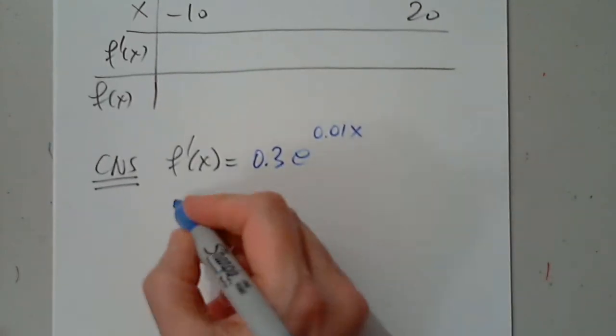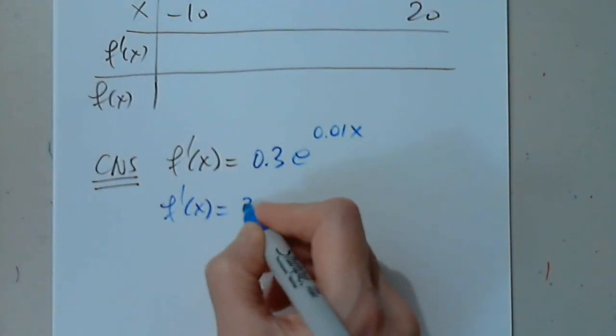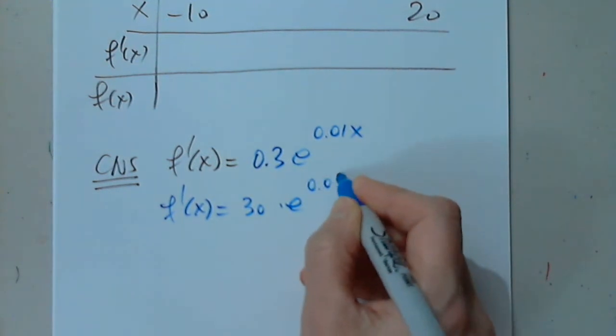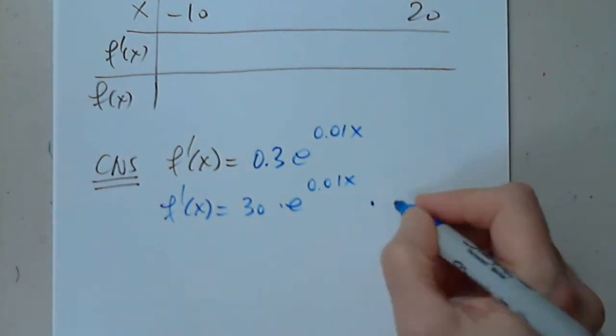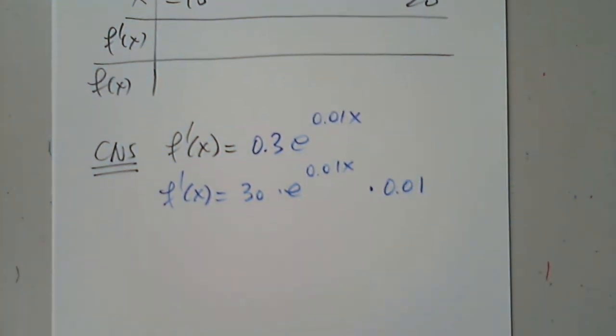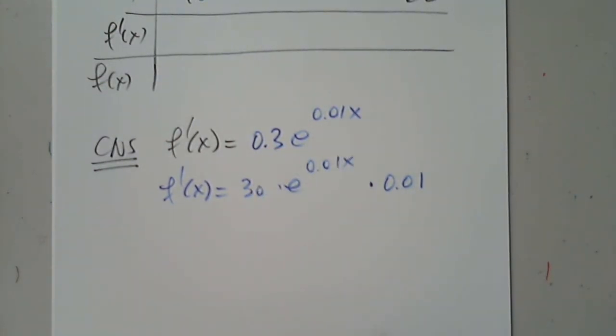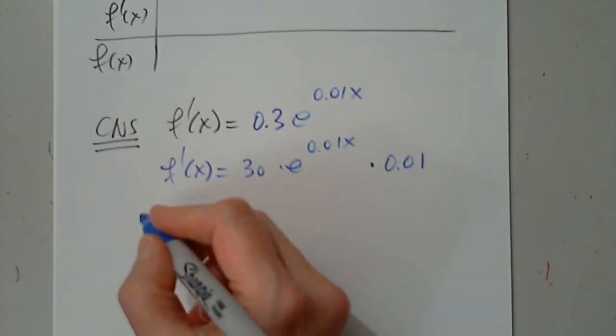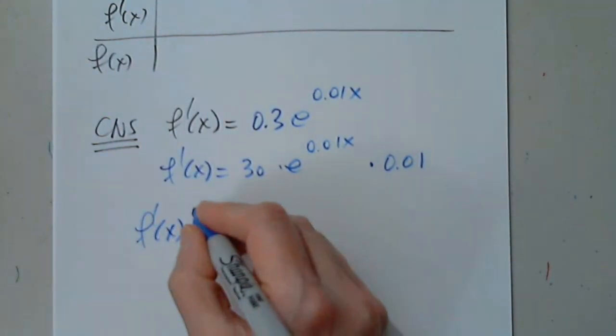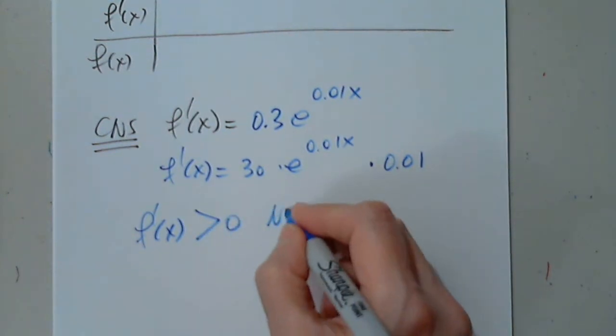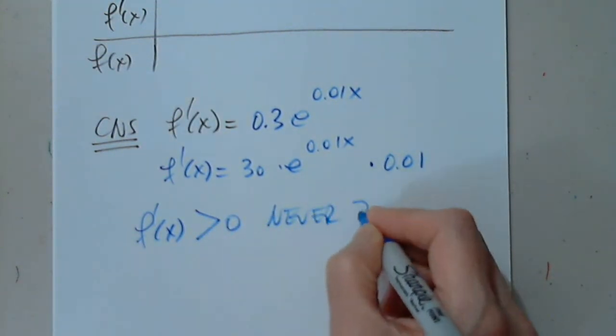So let me write it step by step. f prime of x is 30 times e to 0.01x times the inner function prime, which is 0.01. When you multiply 30 by 0.01, we get 0.3. Very good. It happens that f prime is always positive, never 0.